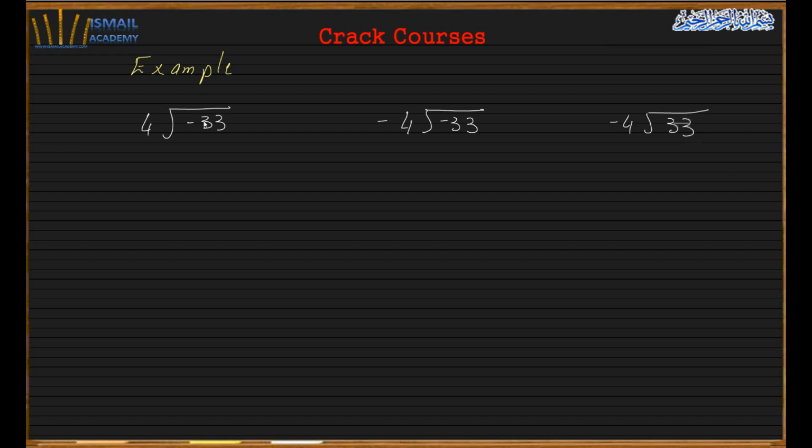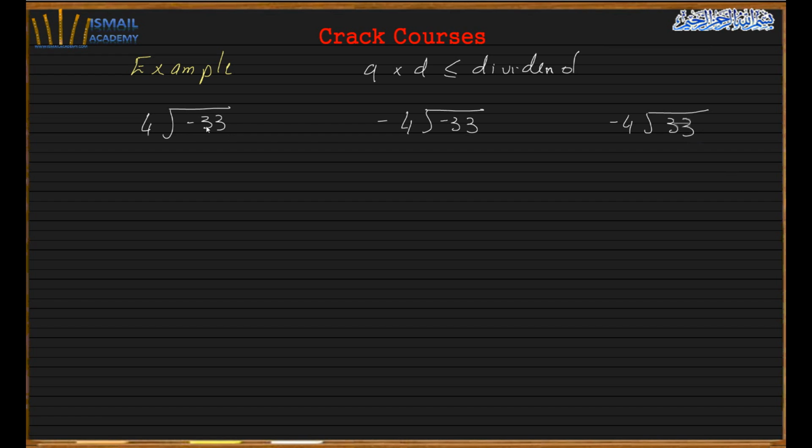When we're talking about close, keep in mind that the quotient times the divisor is less than or equal to the dividend. So I'm looking for a number times 4 that gives me something close to minus 33, or equal to it, so it must be less than or equal to.